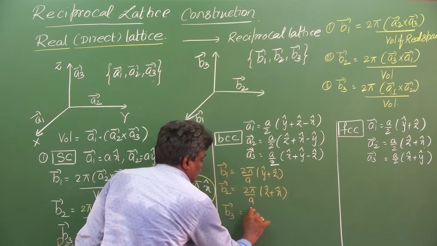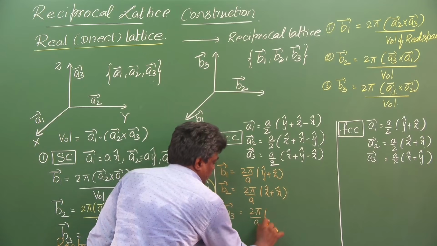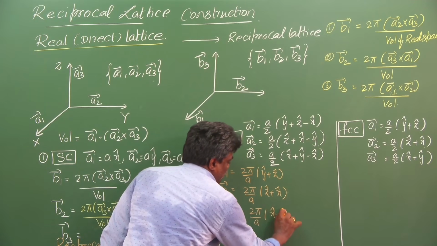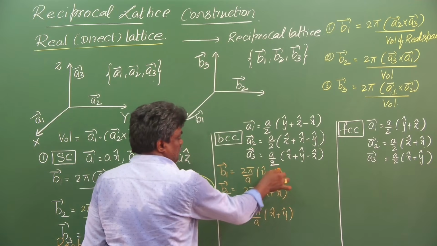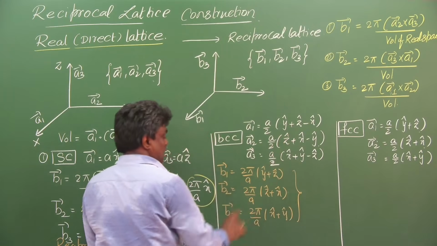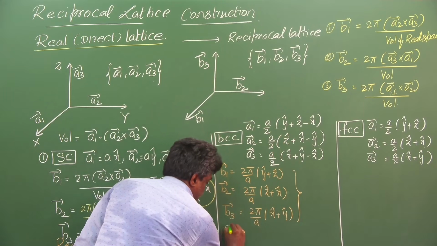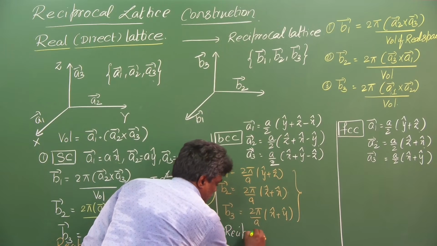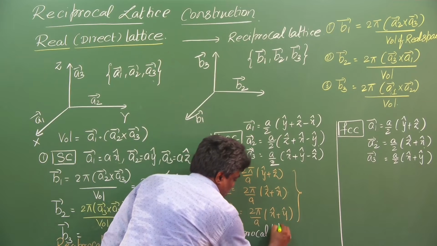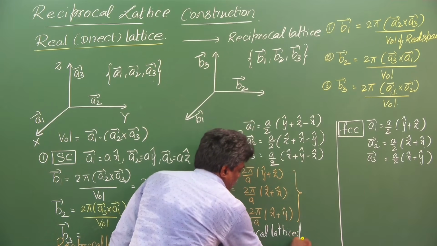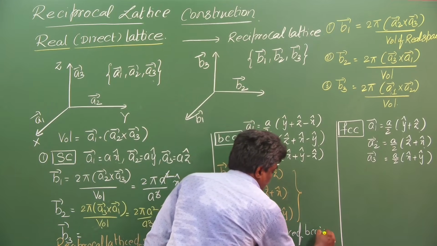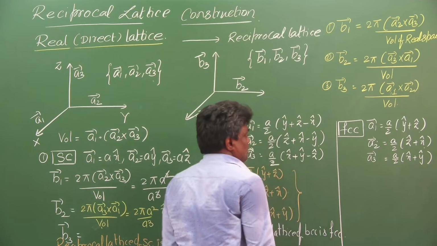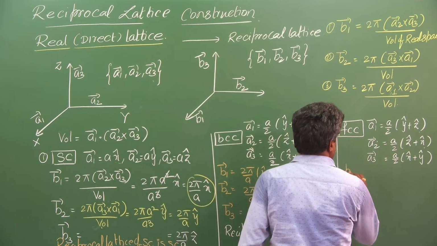B3 bar equal to 2 pi by a into x cap plus y cap. So all these are similar to the FCC. That's why the reciprocal lattice of BCC is FCC.